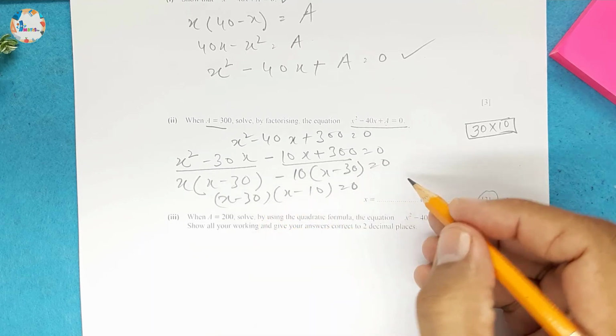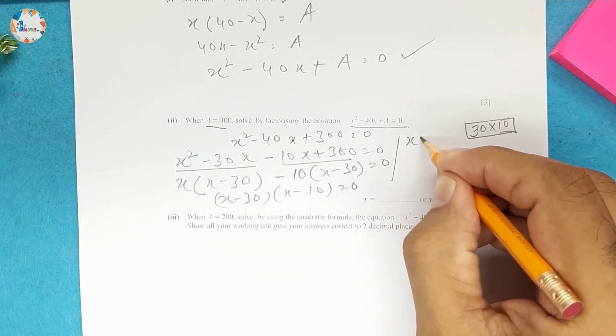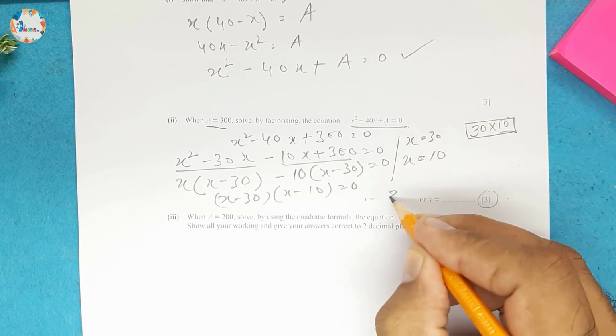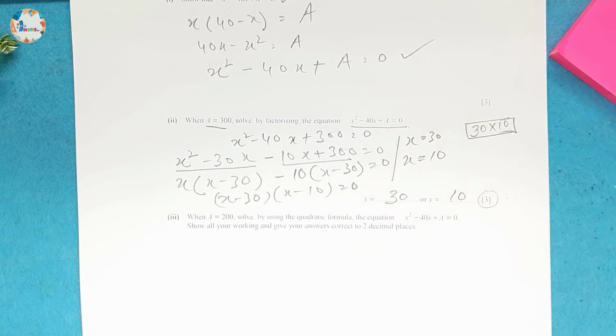So this implies x is equal to 30 and x is equal to 10. So 30 and 10 will be our two solutions, solved by factorization.